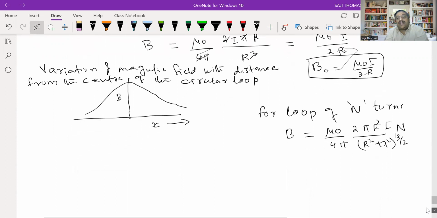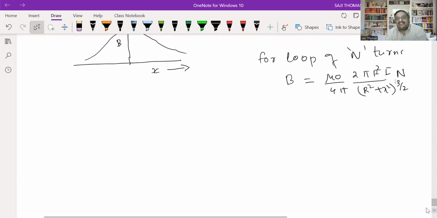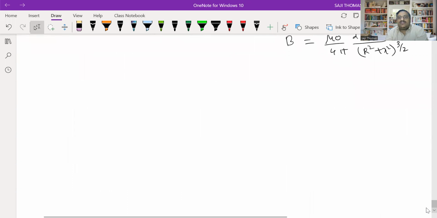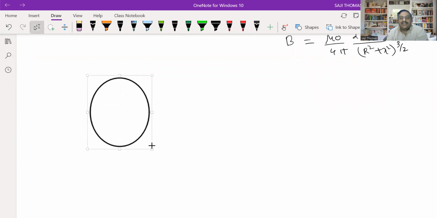And we can draw the magnetic field pattern due to a circular loop. See, this is the circular loop. Suppose current is moving in this way. A small portion here is straight, so here field lines will be like this.